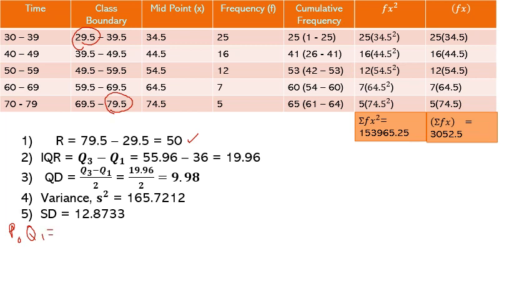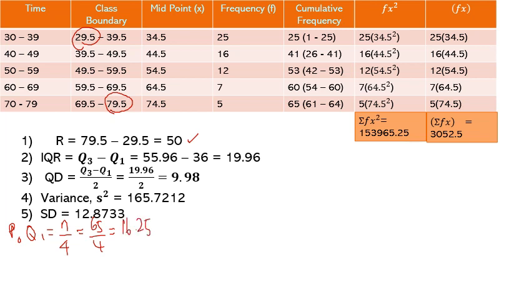The formula for grouped data is n over 4, which is different from the formula for ungrouped data, which is (n plus 1) over 4. For grouped data, n over 4, so equals 65 over 4 equals 16.25.